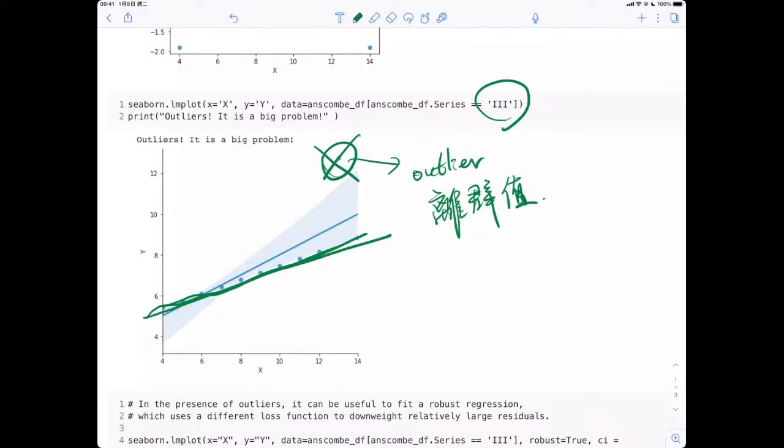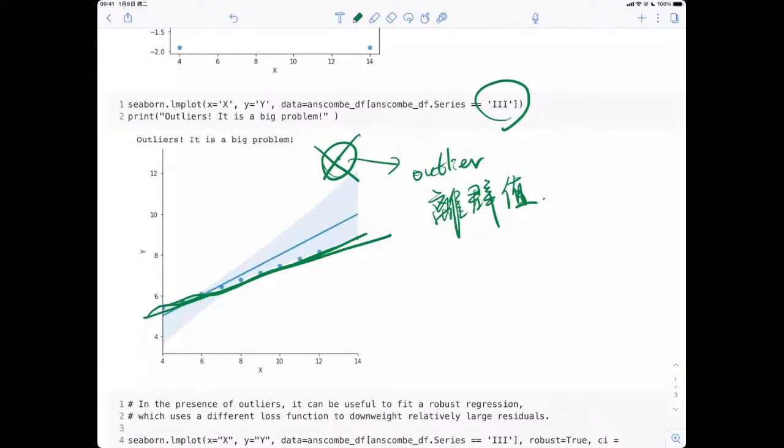So when you try to analyze your data, make sure you have observed the data before you make the model. You may accidentally type the wrong value when you input the data, so it shouldn't be there and it becomes an outlier, right? Or the data collection process has some problem.